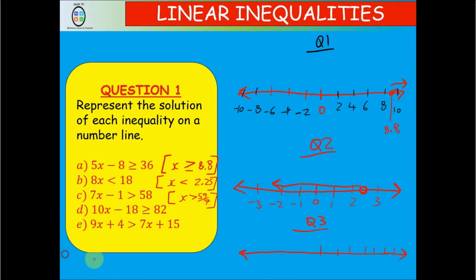So 5, 6, 7, 8, 9, 10. So we want 8 and 3 over 7, somewhere about here. And we're strictly greater than. So we draw our arrow that way. And we don't bother about the numbers over here. Easy. Nice, that's your number line.